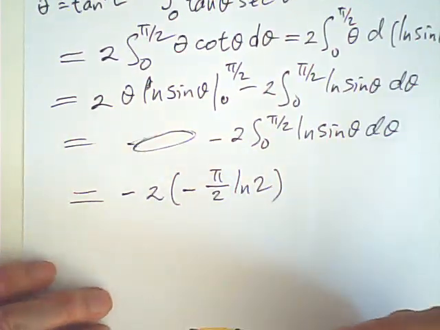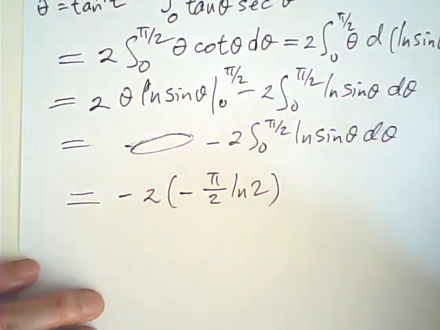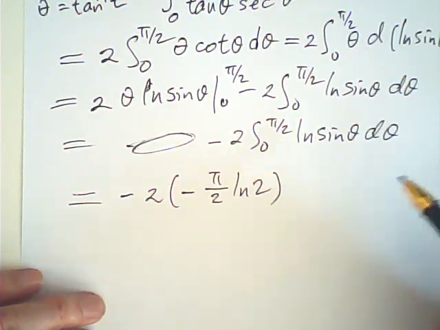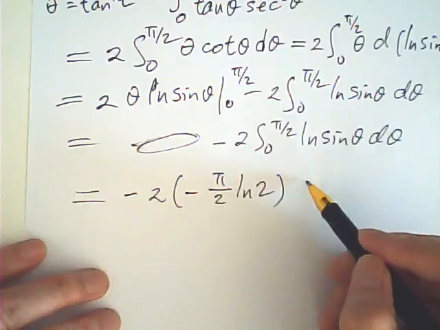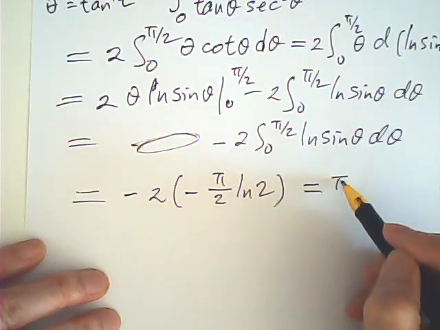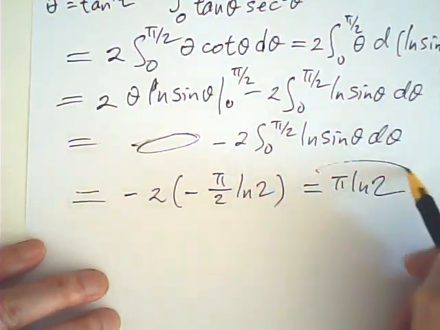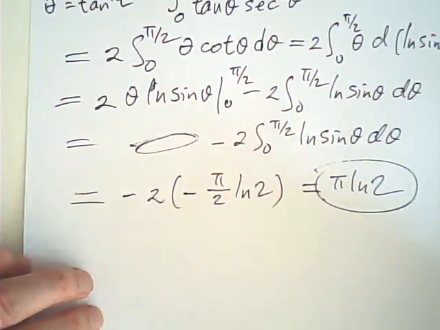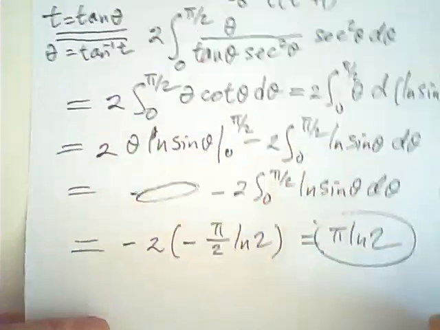So the link is below. You can see the detail. Okay, I'm not repeating it here. So the result is equal to pi log 2. This is method 1.